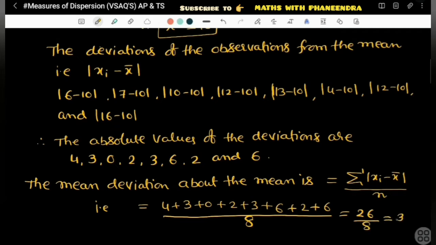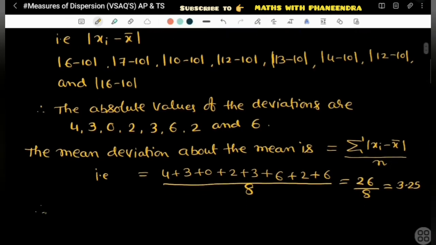Therefore, the mean deviation, denoted by MD in brackets, is equal to 3.25.